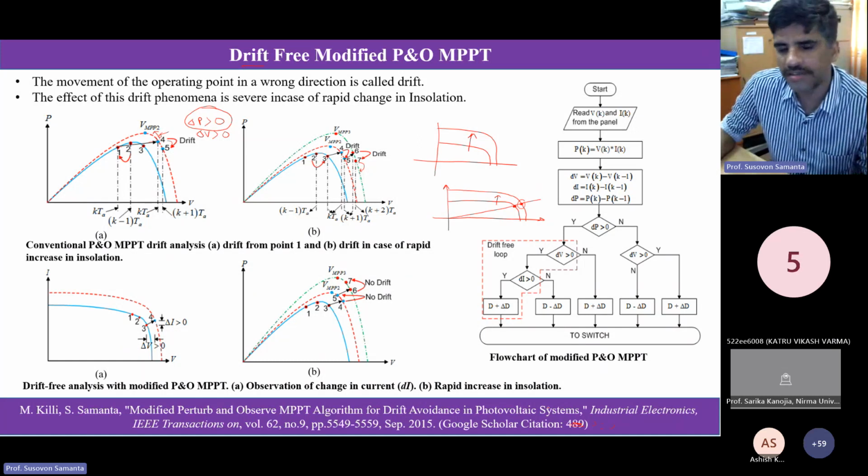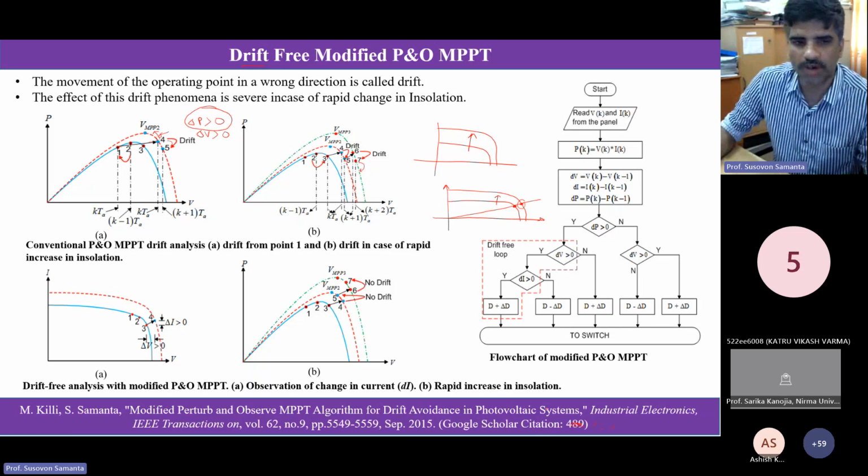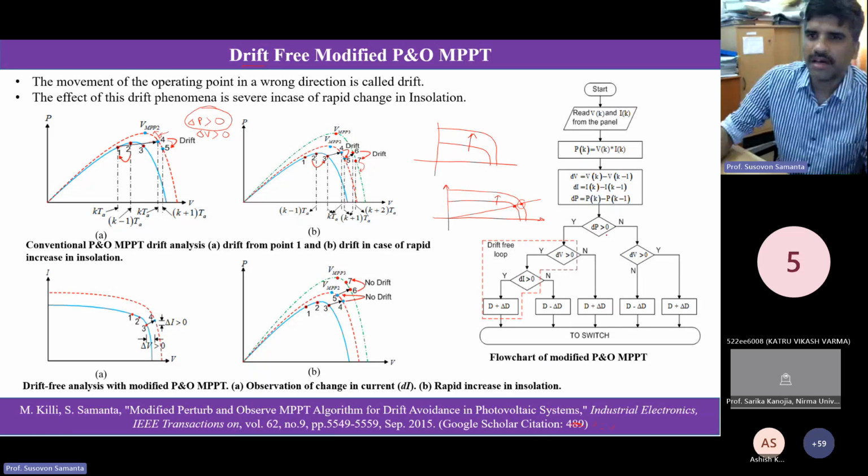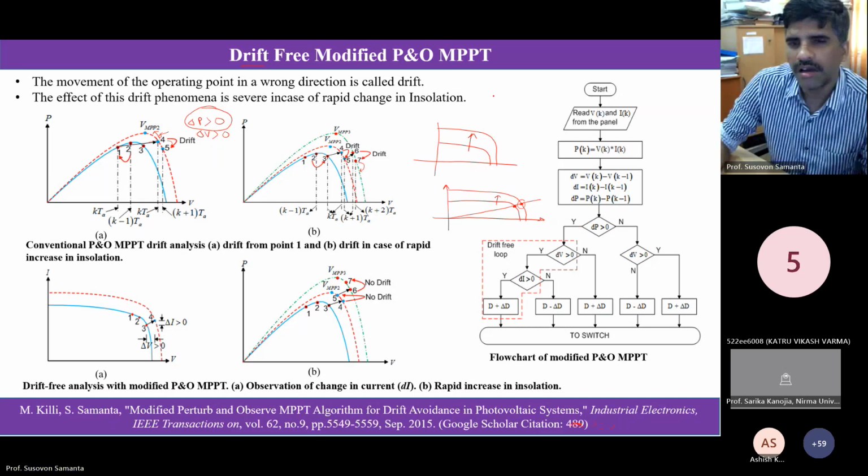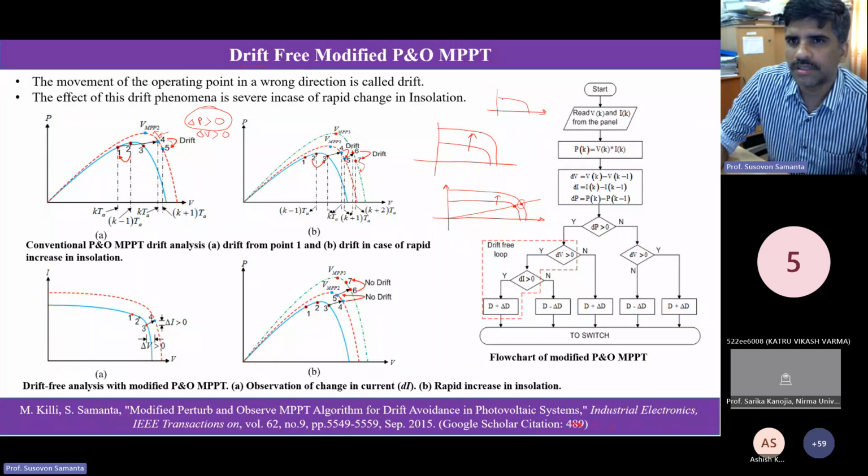So what we did in this modification: if I have an IV characteristic and I change the duty ratio for a constant irradiation, then if your voltage is increasing, your current is decreasing.